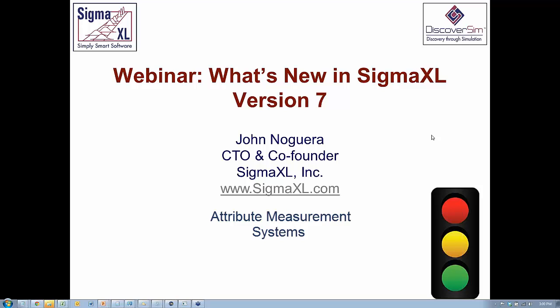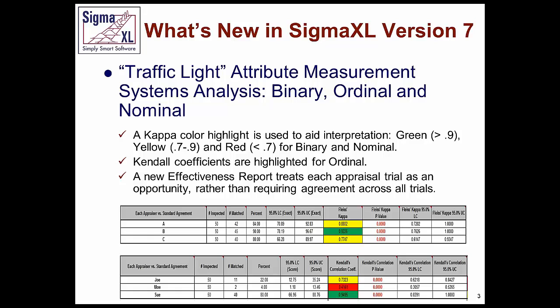Today's webinar, we are introducing the new features in SigmaXL version 7. The attribute measurement systems analysis, we did have binary MSA, and we've added ordinal and nominal. But what's nice now is that we have highlight for kappa and for Kendall's coefficient.